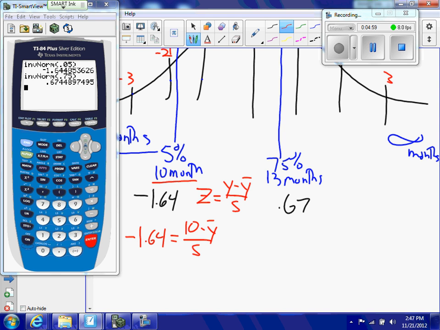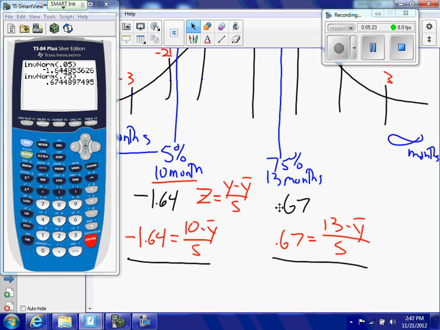And on this side, my 13 months, I know that 0.67 is equal to 13 minus y bar over s. Still have two variables, but now I have two equations. And if I have the same number of equations as I have variables, I can use some algebra to solve this.